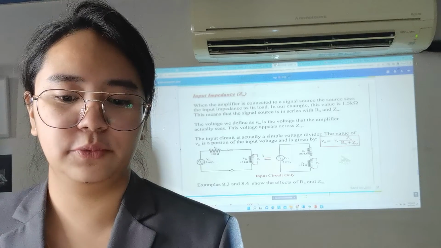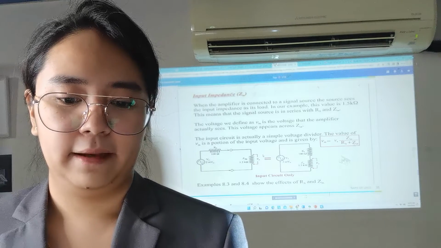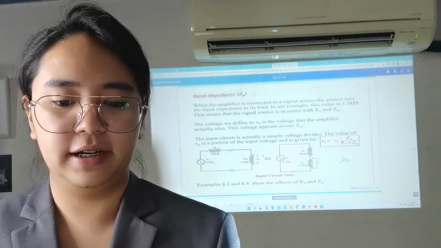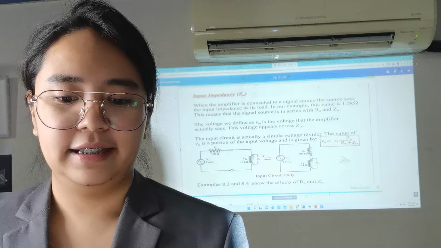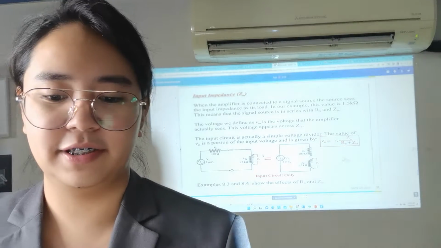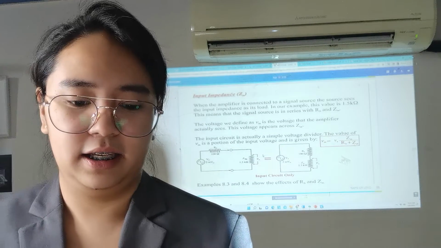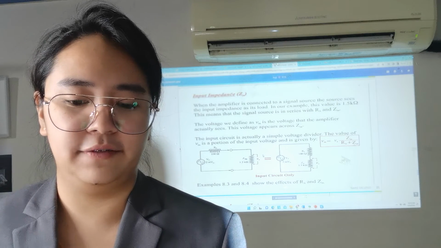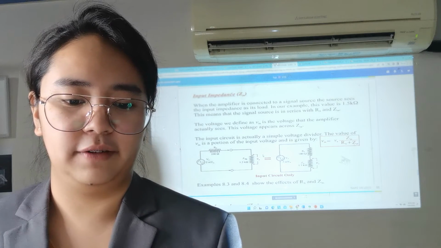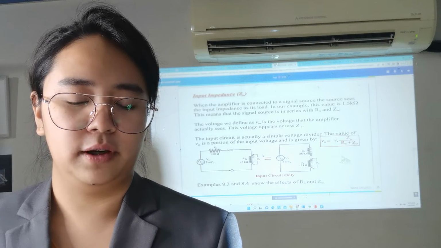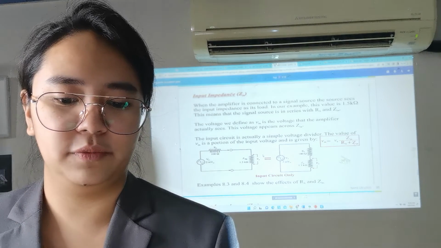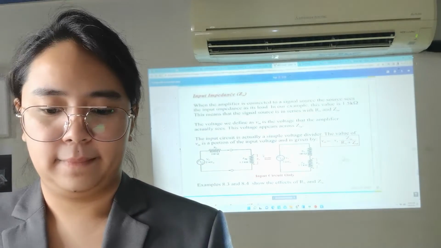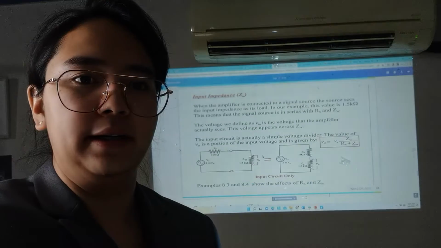The voltage we define as Vin is the voltage that the amplifier actually sees. This voltage appears across Zin. The input circuit is actually a simple voltage divider. The voltage Vin is a portion of the input voltage and is given by the divider equation.